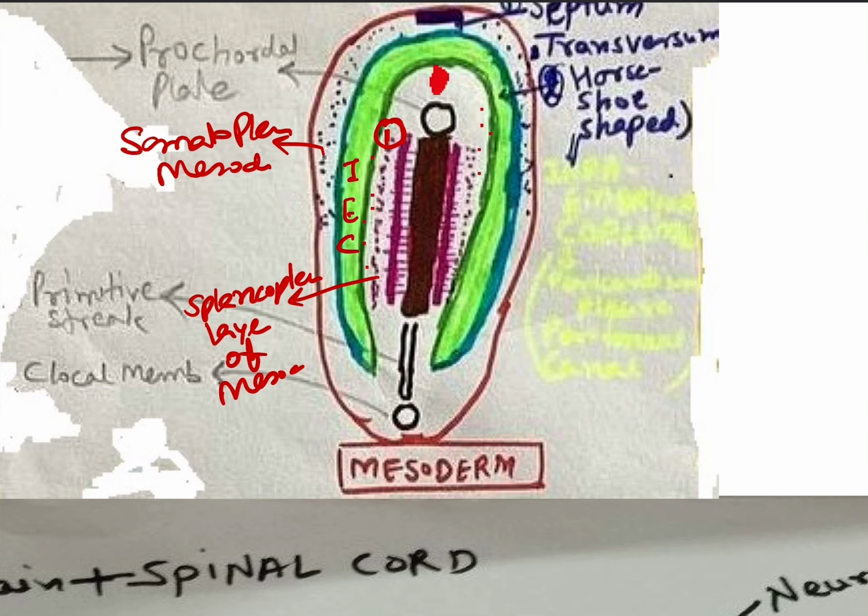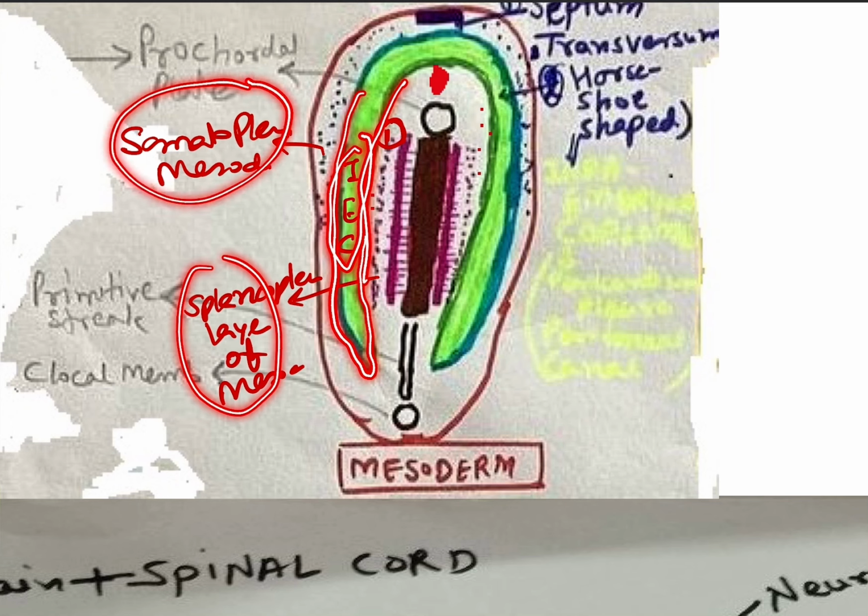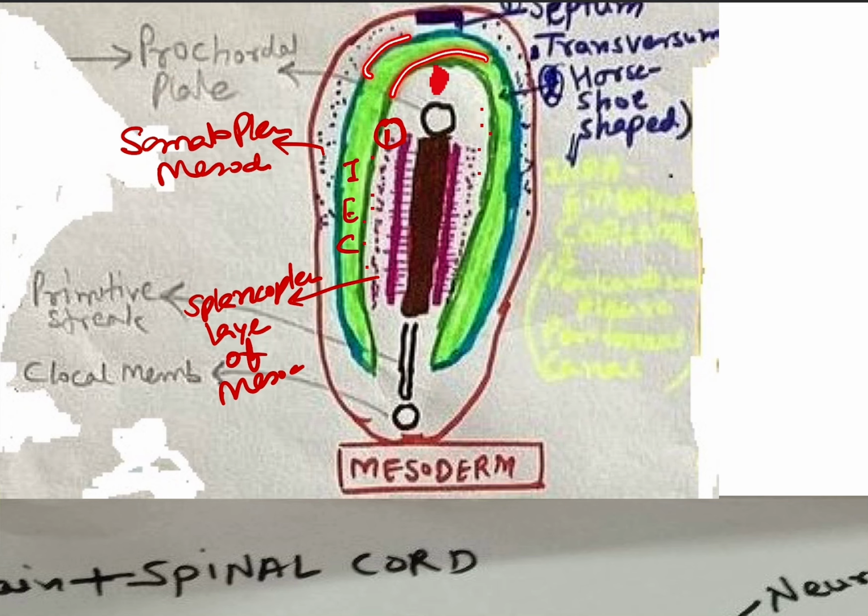If we look very carefully, this intraembryonic coelom is surrounded by two layers of mesoderm. Inner is splanchnopleural, while outer is the somatopleural layer of mesoderm at every place.